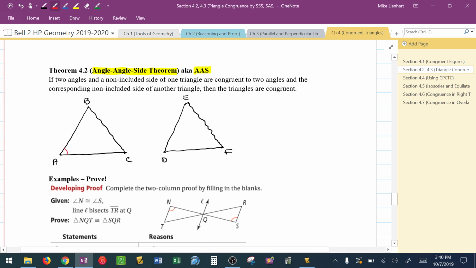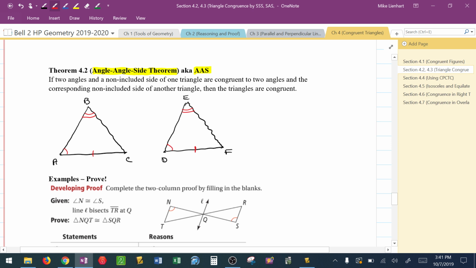Let's say angle A is congruent to angle D. Let's say angle B is congruent to angle E. Now, I could either say that BC is congruent to EF, or I could say that AC, and this is the one I'm going to mark, is congruent to DF. Either one of those sides that are pairs would work.